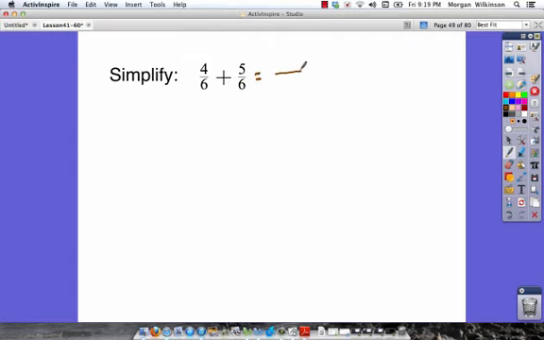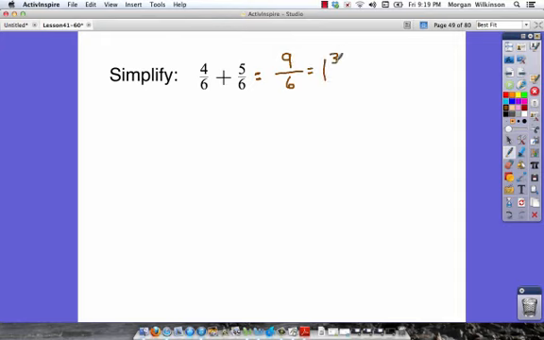We're going to keep the denominator the same whenever we add fractions. Okay, the whole stays the same. And we take our numerators, the numbers on top, and we add them together. So 4 plus 5, that's going to give us 9. So we have 9/6, which we know we must simplify. 9/6, that must be equal to 1 3/6.